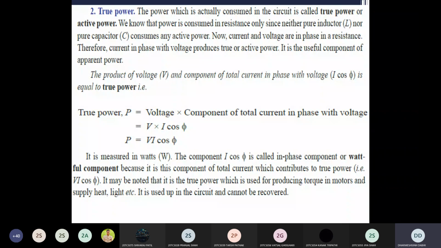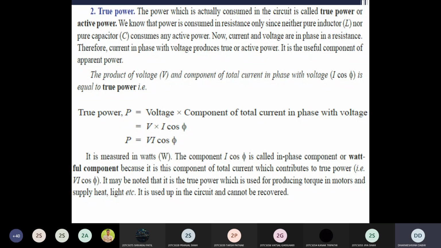Suppose I am talking about a motor: the torque produced is because of this active power. Same way, suppose in another load we require heat or light. This heat and light is produced because of this active power. So it is used in the circuit and you cannot recover this power.